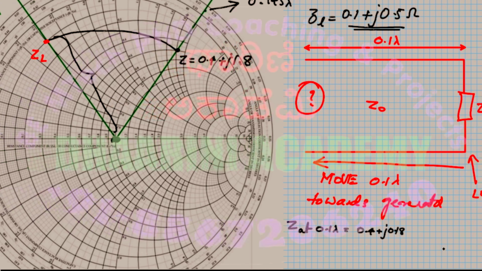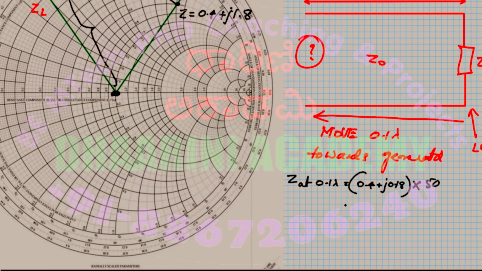What I am supposed to do is multiply that by Z naught, because everything is normalized. Multiply by 50. Now you tell me what you get. So this is 20 plus j, what is this? 1.8 times 50.